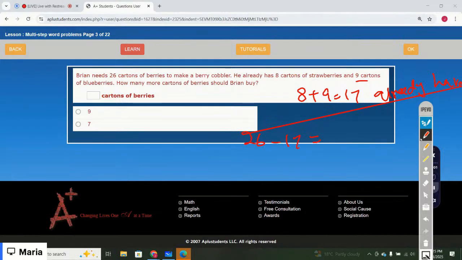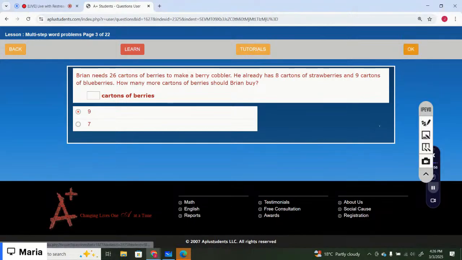So 26 minus 17 equals 9. Option number 1 is the correct option.